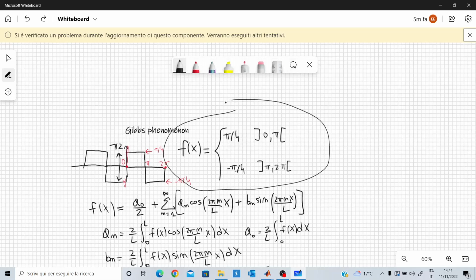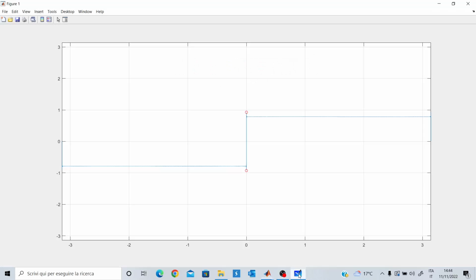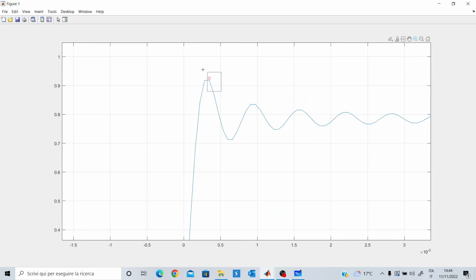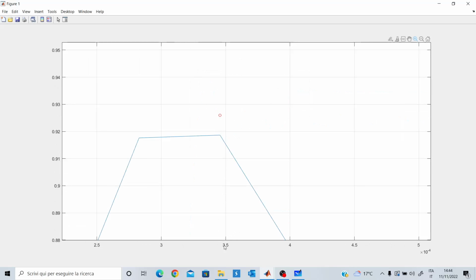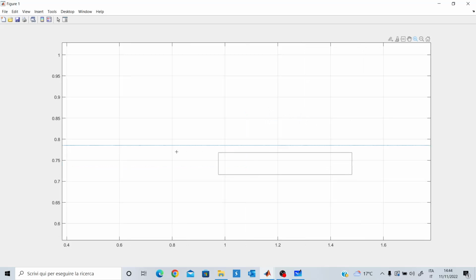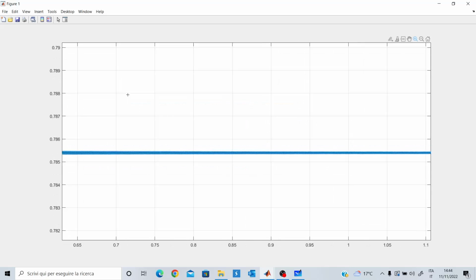So I'm talking about this. And the overshoot now is very, very close to the point x equal to 0. You can see that we are very close to x equal to 0 because this is 3.5 times 10 to the minus 4 on the x-axis. Whereas the oscillations are very, very small now in this region.